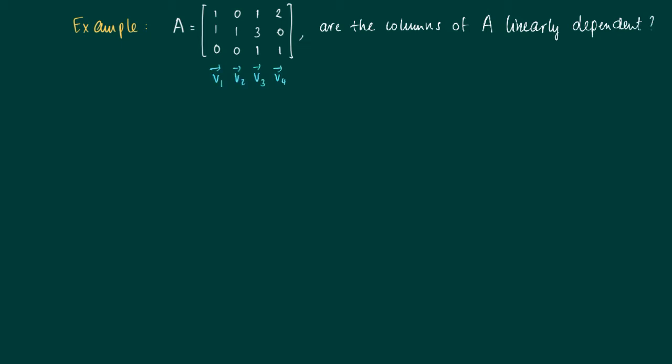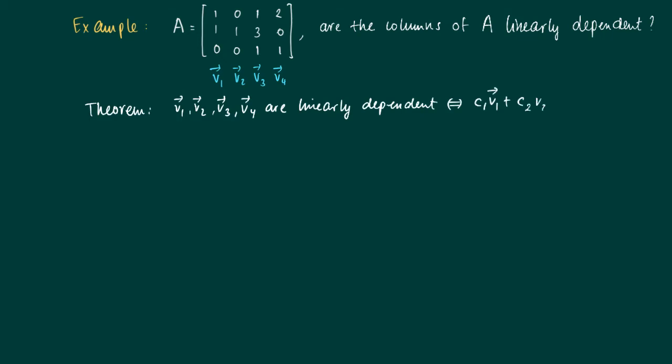So we show how we may use the theorem which expresses that the columns of A, let's say v1, v2, v3 and v4 as indicated, are linearly dependent if and only if the equation in c1, c2, c3 and c4 has a non-trivial relation.